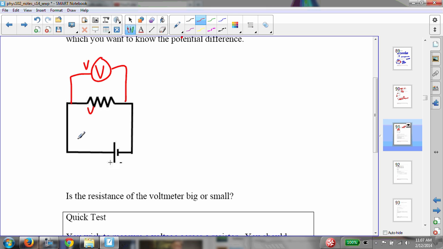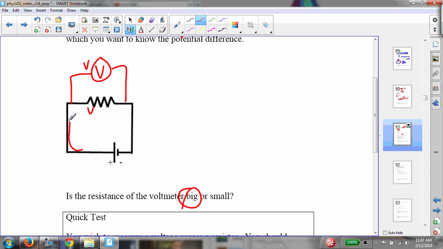Remember, a big resistance means that hardly any electricity at all flows through it. And a very small resistance means that all the electricity will be allowed to flow through it. With an ammeter, you want a very small resistance. But with a voltmeter, you want a very big resistance.